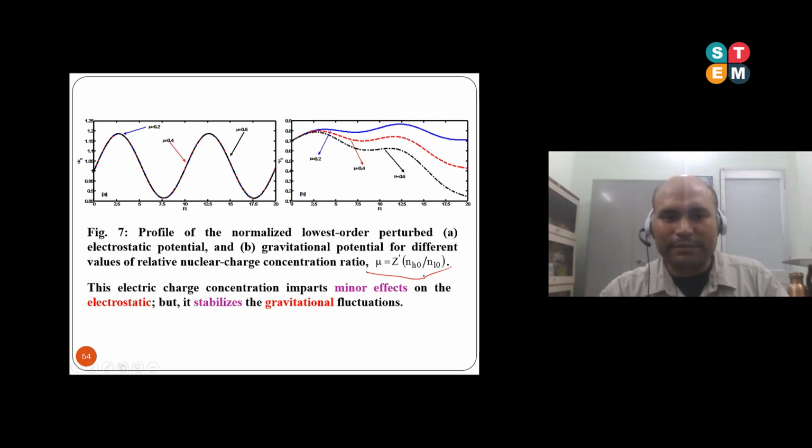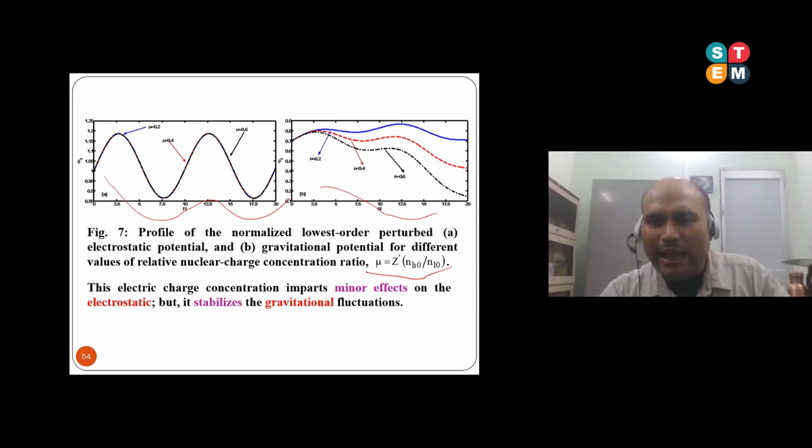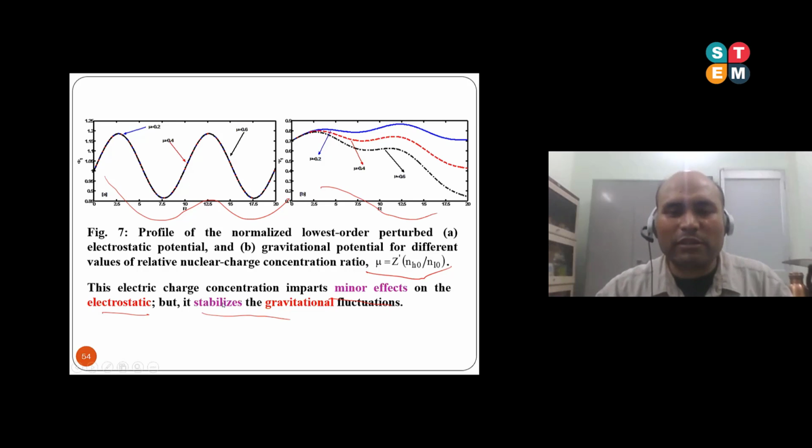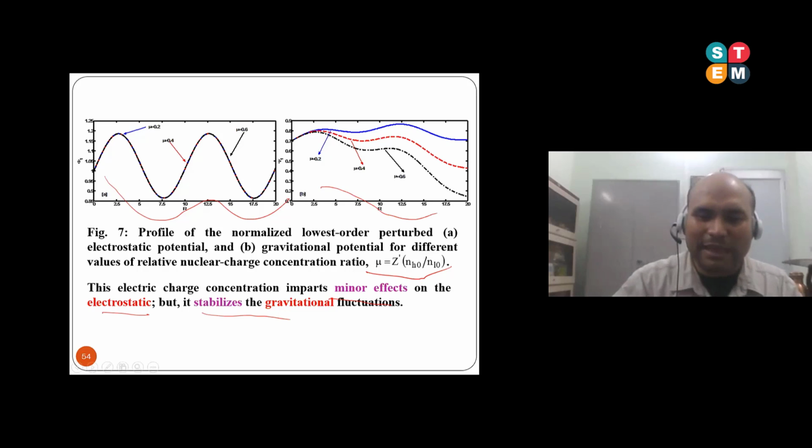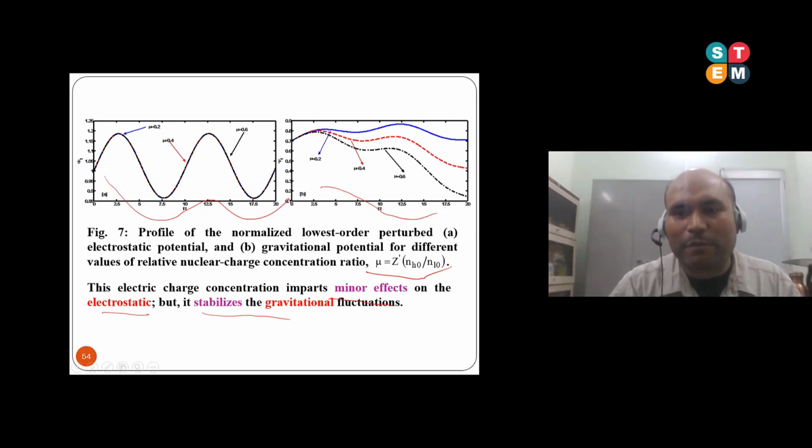For this one there is almost no effect, but for this there is a sensitive effect at higher xi, higher position. So we can conclude that this electric charge concentration imparts minor effects on the electrostatic perturbations, whereas it stabilizes the gravitational fluctuations, and this is only because of the complex dynamical gravity-electrostatic interplay operating over that.